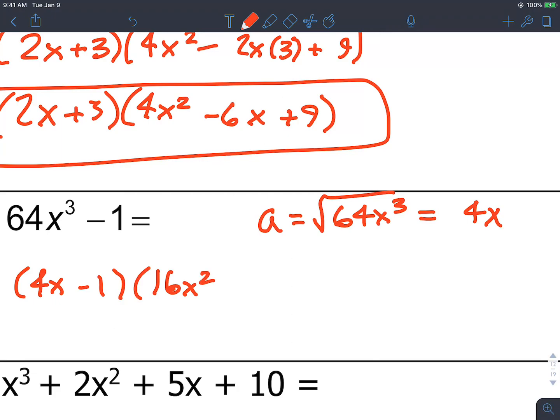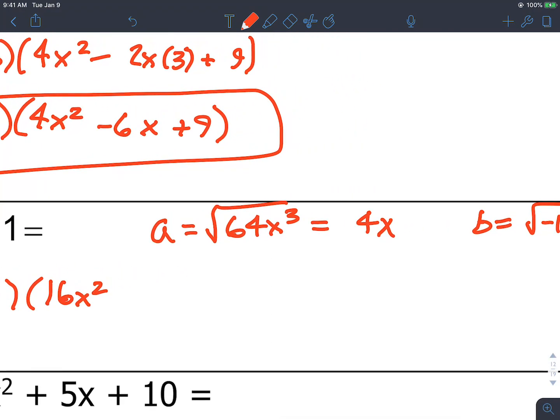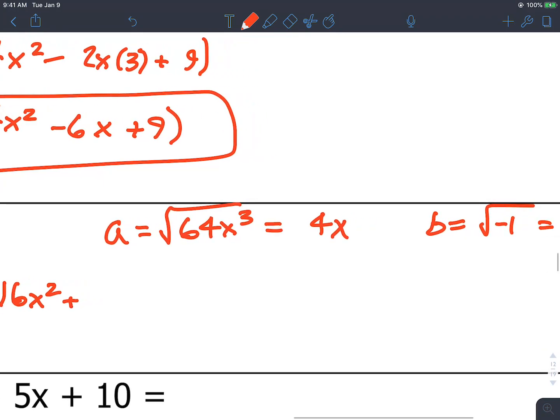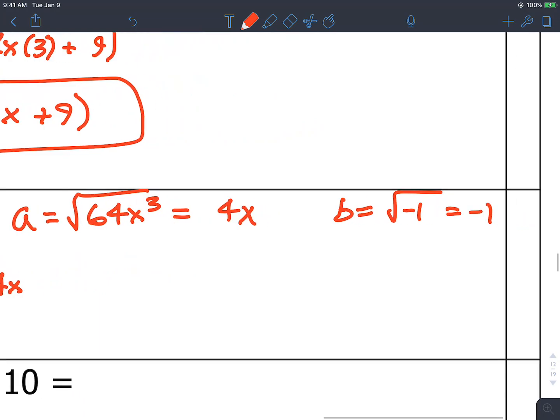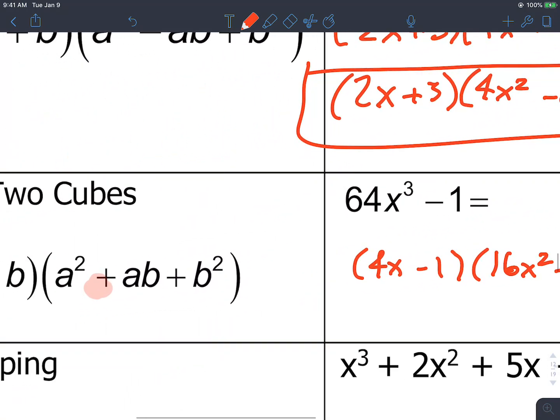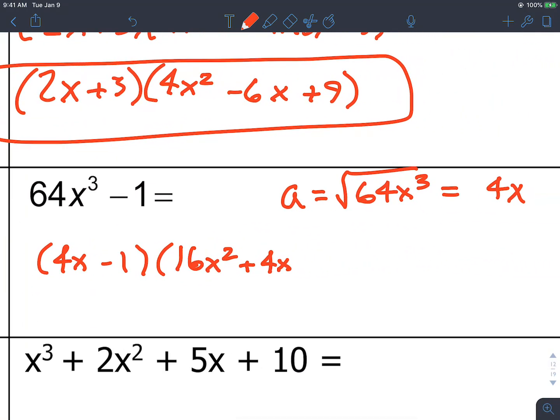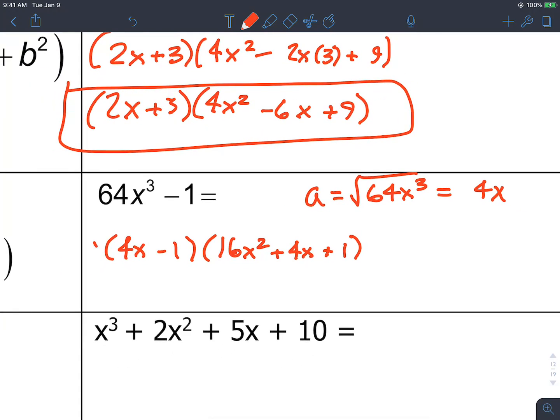We have a times b, and we put a positive version of that, so 4x times 1 is just 4x. I know I put b here as a negative 1, but you disregard the sign. And then we have b squared, so that's 1 squared, which is 1 at the end. And that is how you factor.